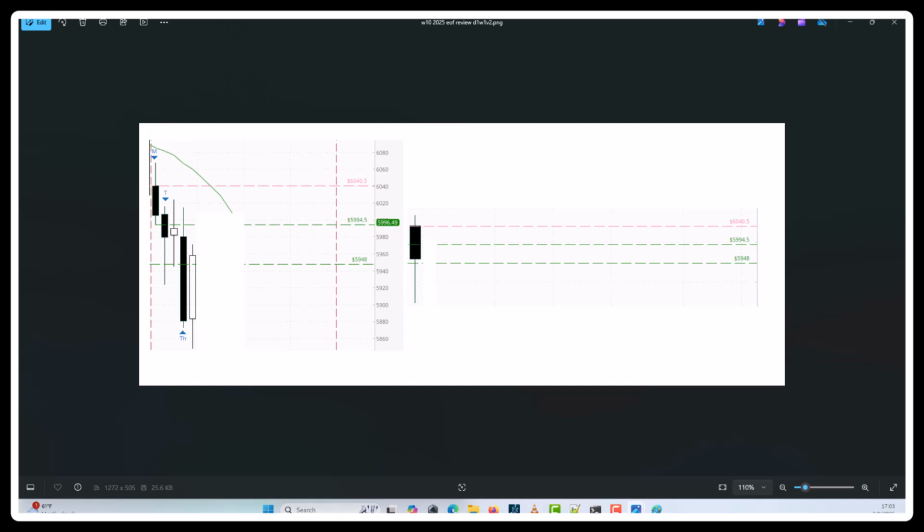But for this week, we see something similar, which is an expansion, but there's no reversal on Friday.